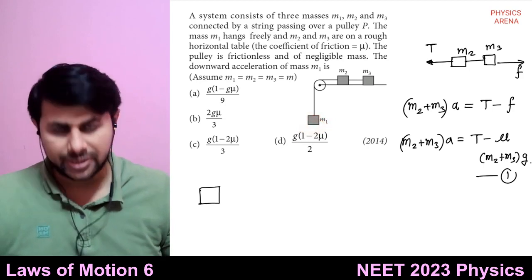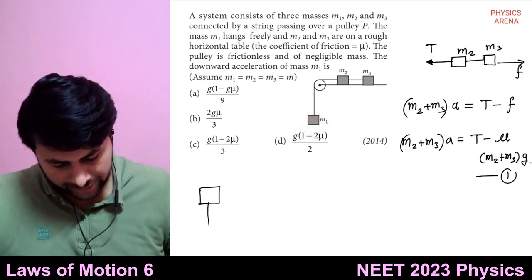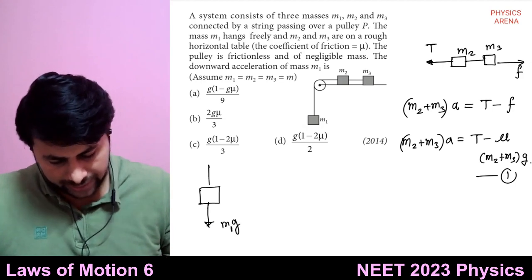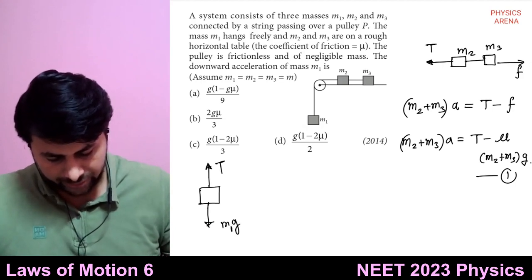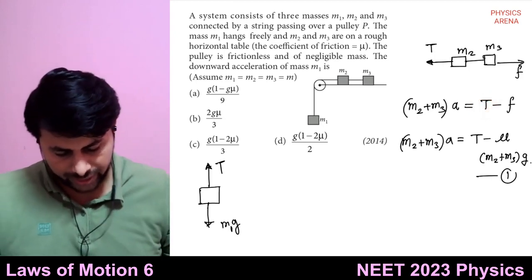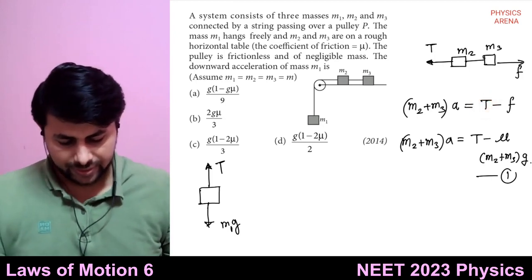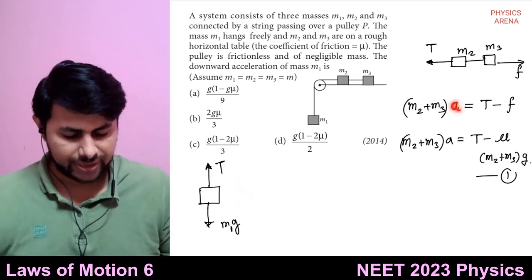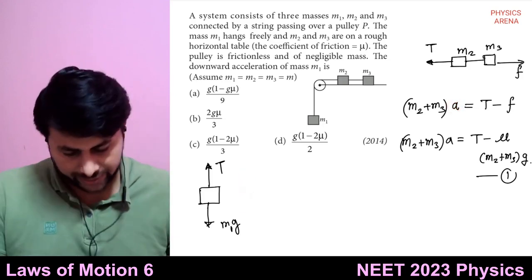and then let's draw free body diagram for m1. So what are the forces acting on m1? There is gravitational force m1 times g, and there is tension in the string, which will be equal to this tension. Okay, so here what can we say? That it accelerates downwards, and that acceleration will be same as that of this acceleration.